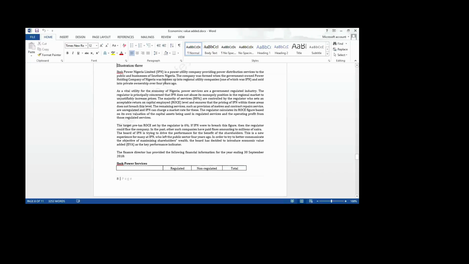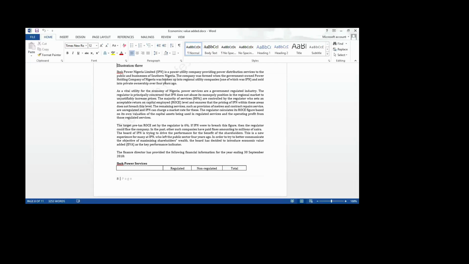The company was formed when the government-owned Power Holding Company of Nigeria was broken into regional utility companies, one of which was IPN, and sold into private ownership over the 4 years period.